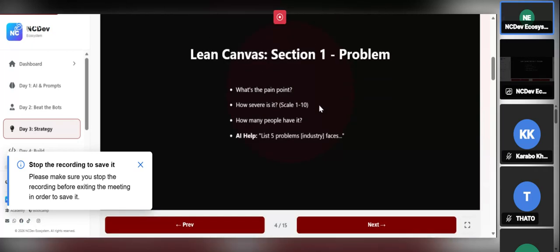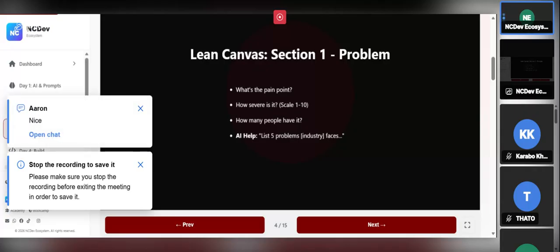So section one on the lean canvas model is the problem, right? What's the pain point? How severe is it? How many people have it?